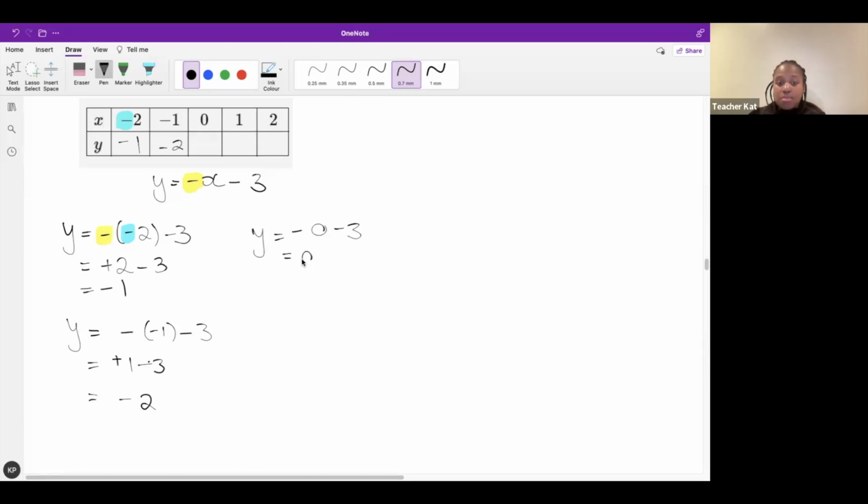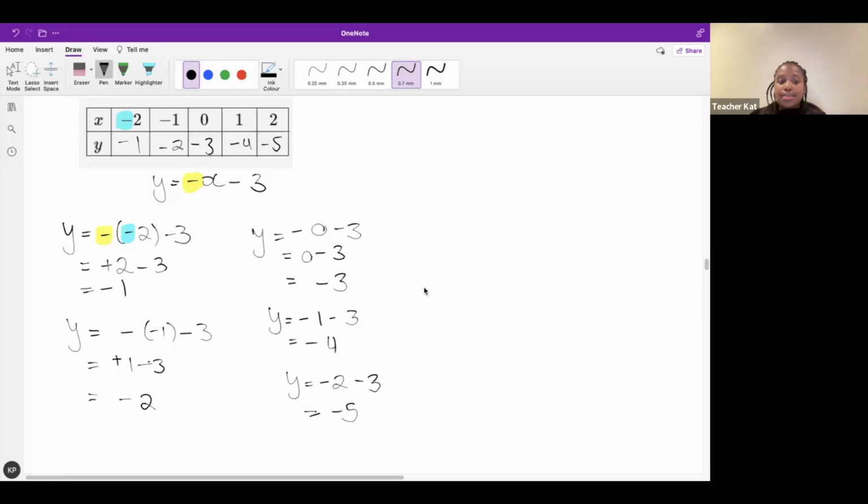So this is just the same as saying 0 minus 3, which is negative 3. And we have y is equal to negative 1 minus 3, which is negative 4. And finally, y is equal to negative 2 minus 3. That will give us negative 5. So this is negative 1, negative 2, negative 3, negative 4, negative 5.